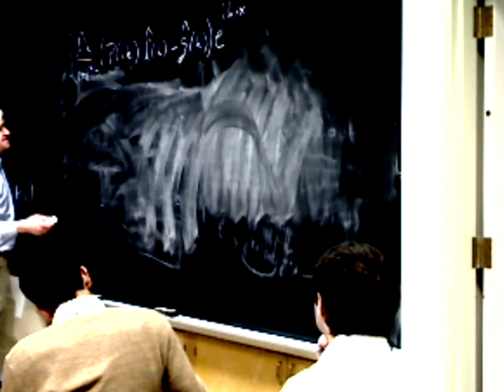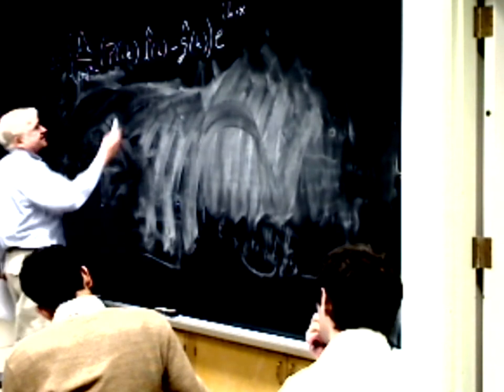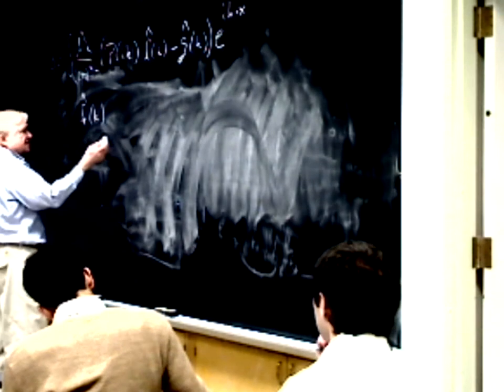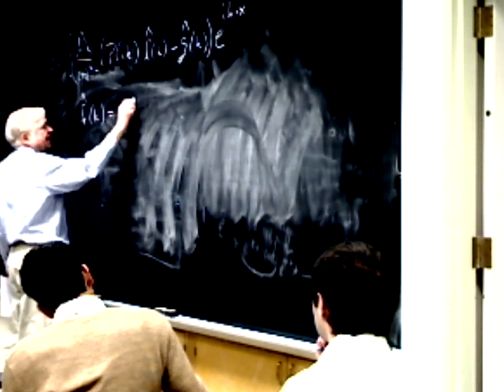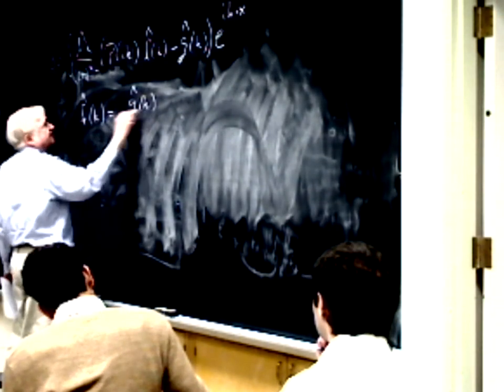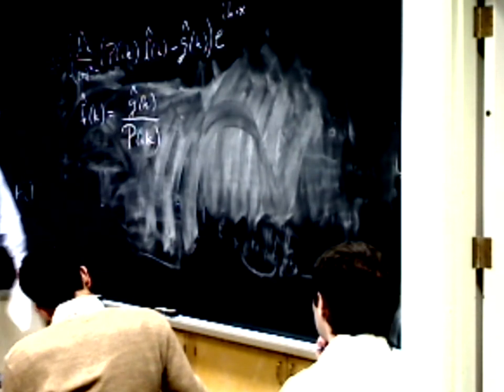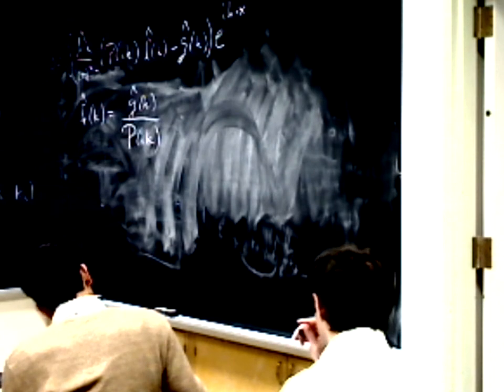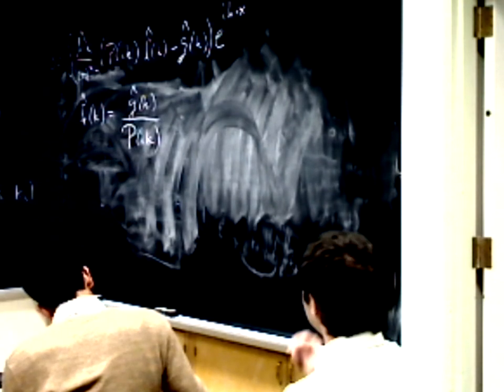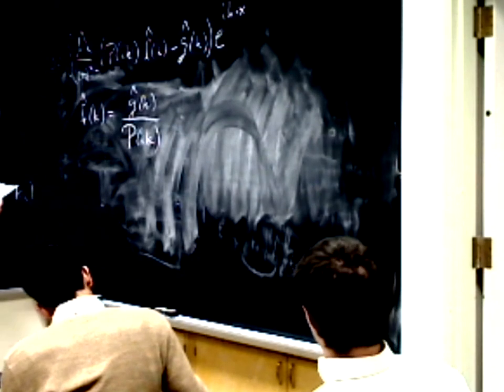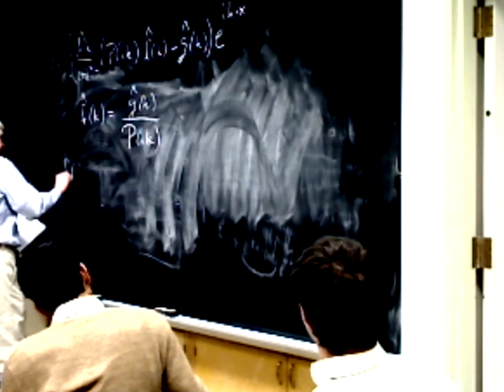But that means that the Fourier transform of the solution, f hat of k, is g hat of k over p of ik. So you get a solution immediately as simple as that.